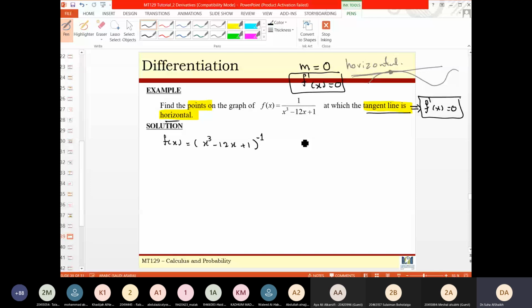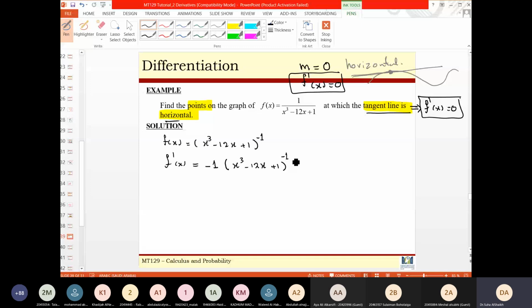Now I have to use the general power rule. I have a bracket to the power minus 1. According to the rule, f dash of x is equal to the derivative of the bracket multiplied by the derivative of what is inside. For the derivative of the bracket, minus 1 comes down, and I have x^3 minus 12x plus 1, and the power will be minus 1, and I take away another 1 from it.